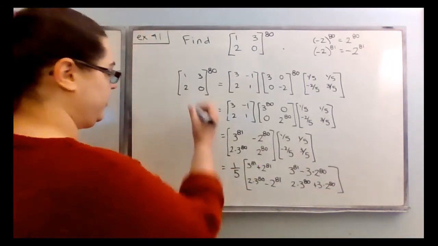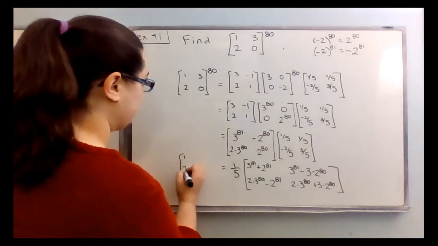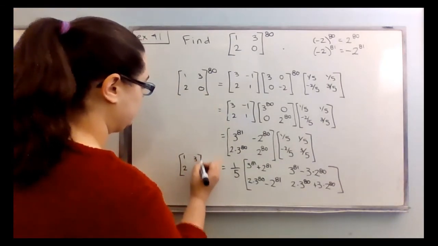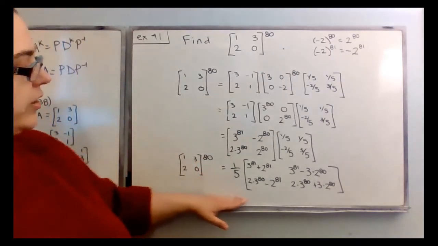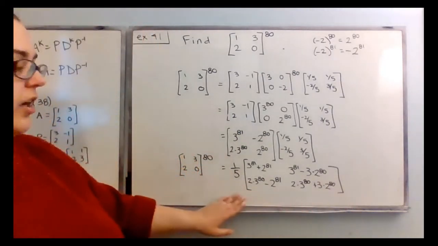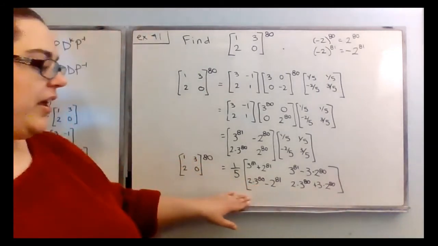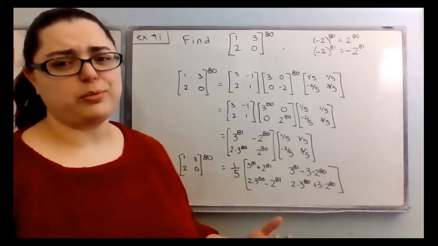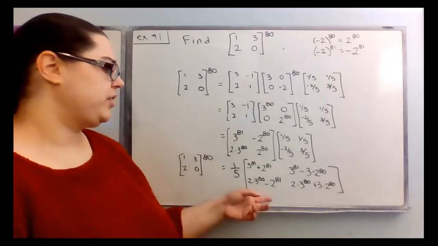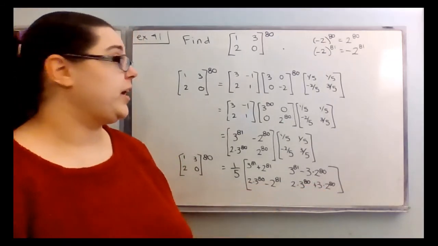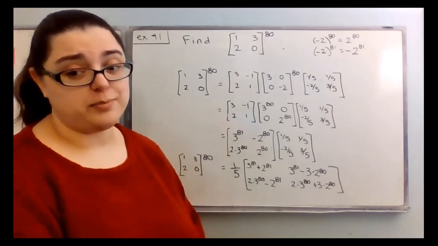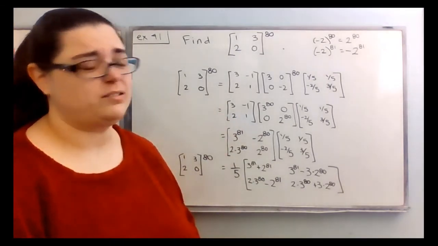So this is going to be our result. This matrix to the 80th power is this gorgeous matrix here. And as you can see, it probably would have been impossible to even come up with an expression as concise as this if we had multiplied this matrix by itself 80 times. That would be such a pain too, right?